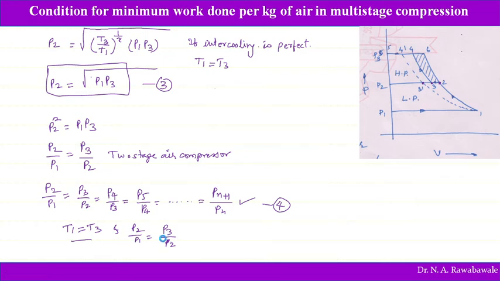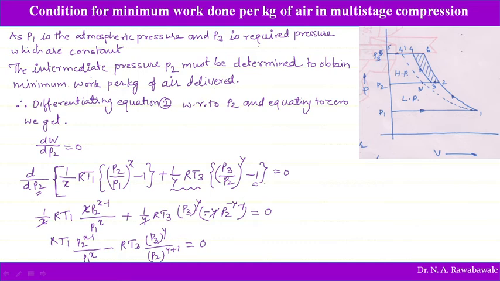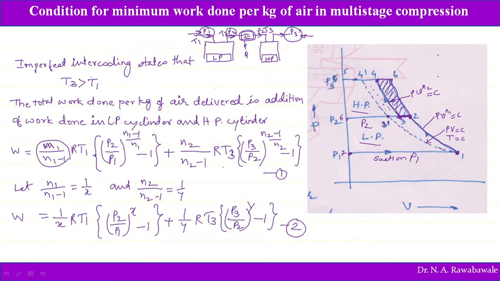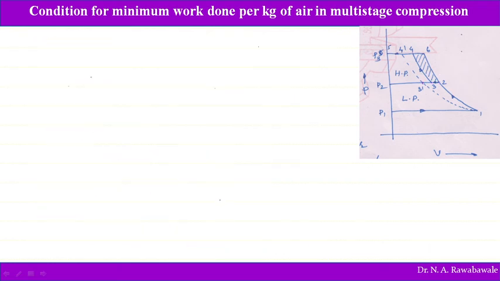the equation number 1 which we have written here becomes, at that time, equation number 1 can be written as work done W is equal to n divided by n minus 1, because n1 is equal to n2 is equal to n, and that is equal to RT1 (P2 divided by P1) to the power of n minus 1 divided by n, minus 1, plus n divided by n minus 1 RT3.